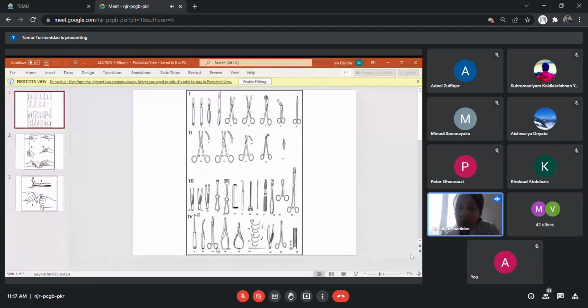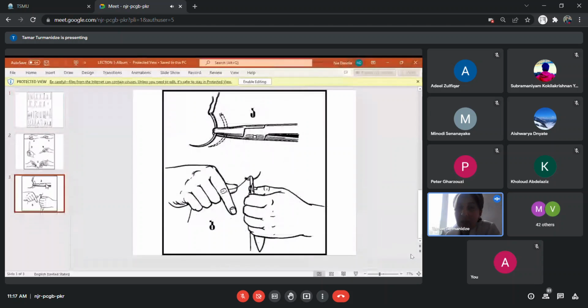There is a rule for how to place the needle in the needle holder. You see that you must hold the needle so that the tip of the needle faces you.